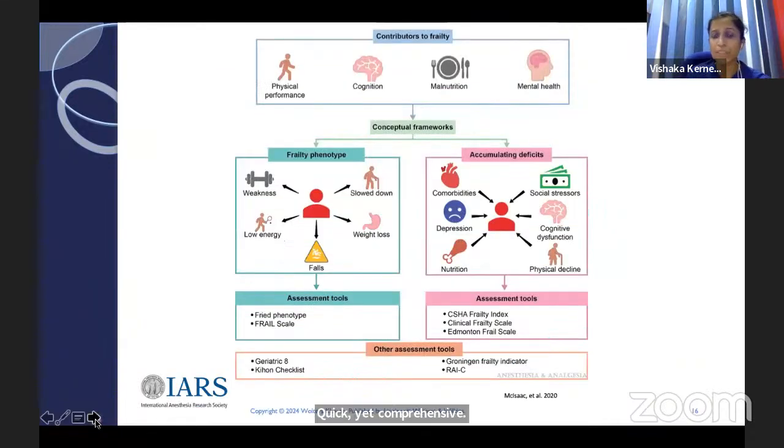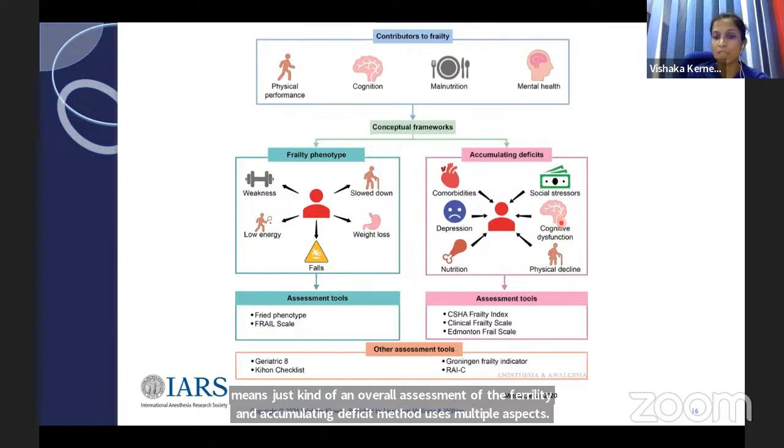So this is a systematic review which was published again in Anesthesia Journal to categorize the frailty assessment tools. They have conceptually divided it into frailty phenotype methods and the deficit accumulation method. Phenotype means an overall assessment of the frailty, and the accumulating deficit method uses multiple aspects, giving a score and ultimately a cumulative score.